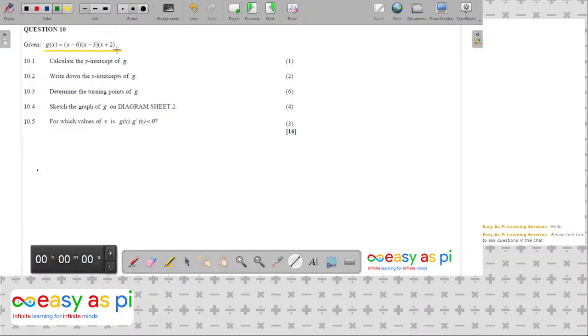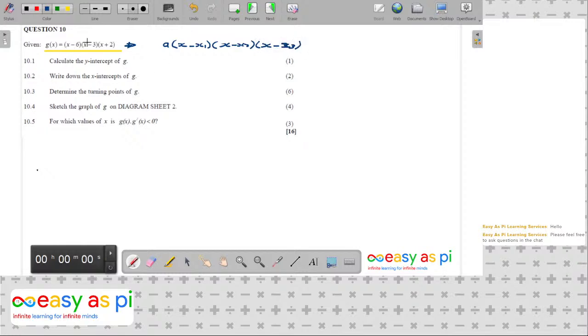Which form have we been given this in? It looks like the root form, which is some value a times (x − x1)(x − x2)(x − x3).